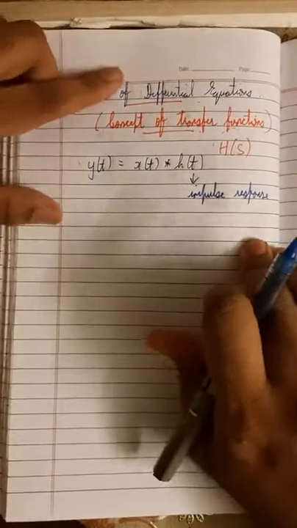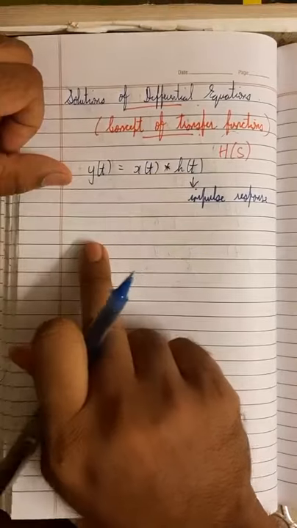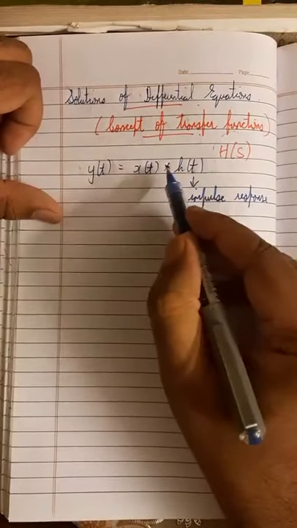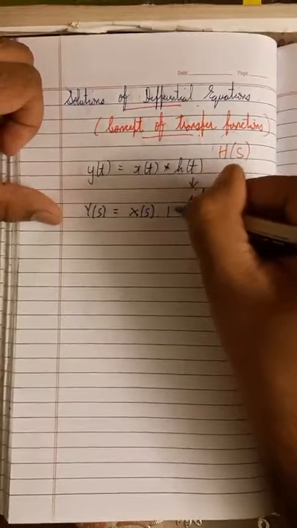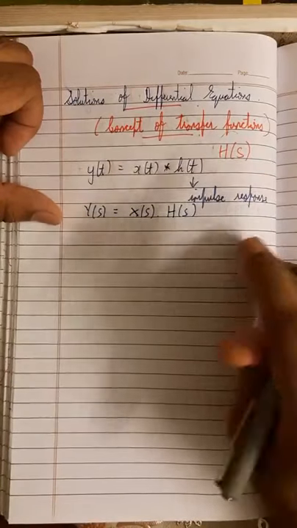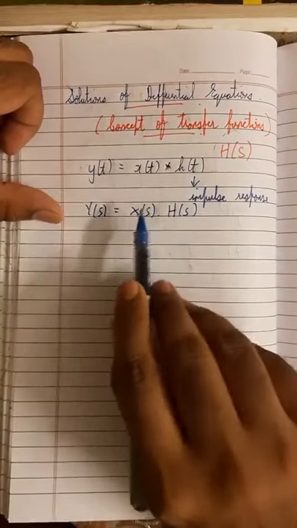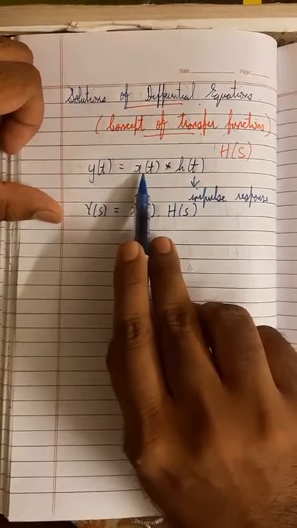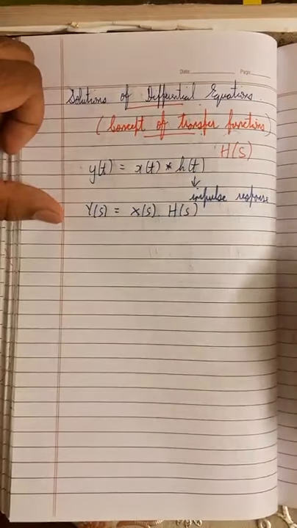And likewise, when I take the Laplace transform of this equation, this convolution becomes a multiplication in the frequency domain. So I will get Y of s is equal to X of s into H of s, where Y of s is the Laplace transform of y of t, X of s is the Laplace transform of x of t, and H of s is the Laplace transform of h of t.